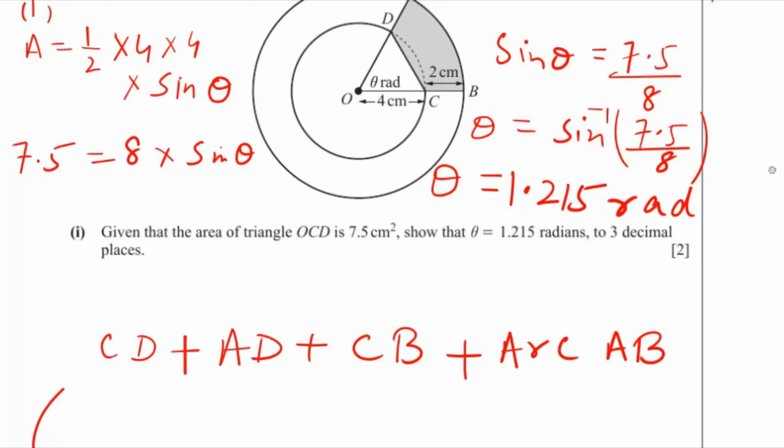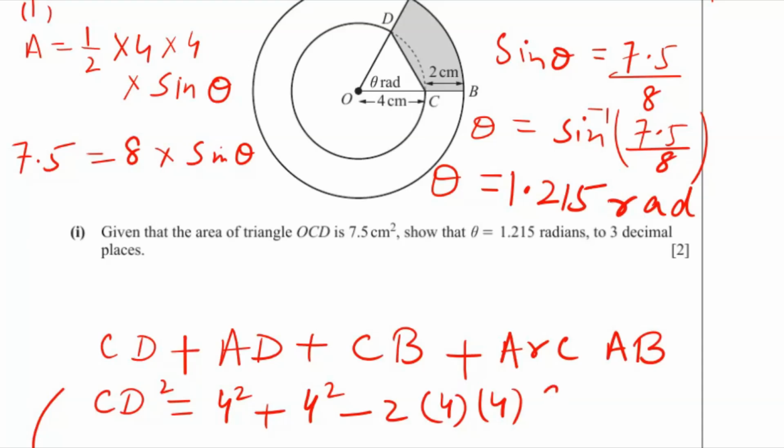So if we apply the cos rule on triangle OCD, we can easily find the side CD. So I am applying the cos rule. That is CD square is equal to first side square, 4 square, plus second side square, 4 square, minus 2 multiplied by the first side multiplied by the second side, cos of the angle. The angle we have already found in part number 1, that is 1.215.